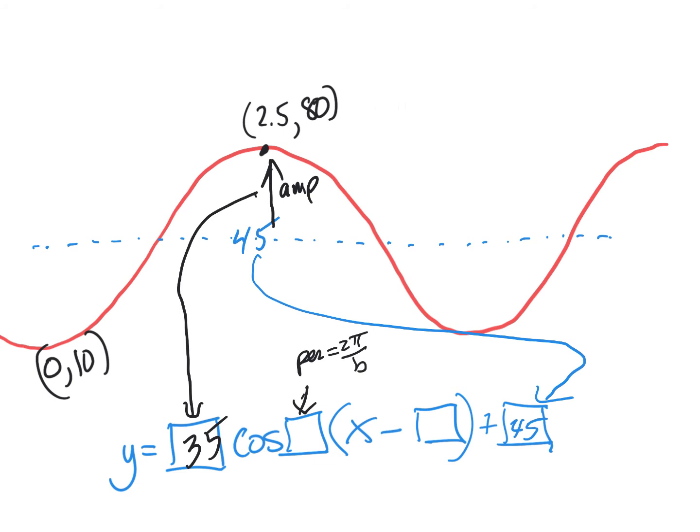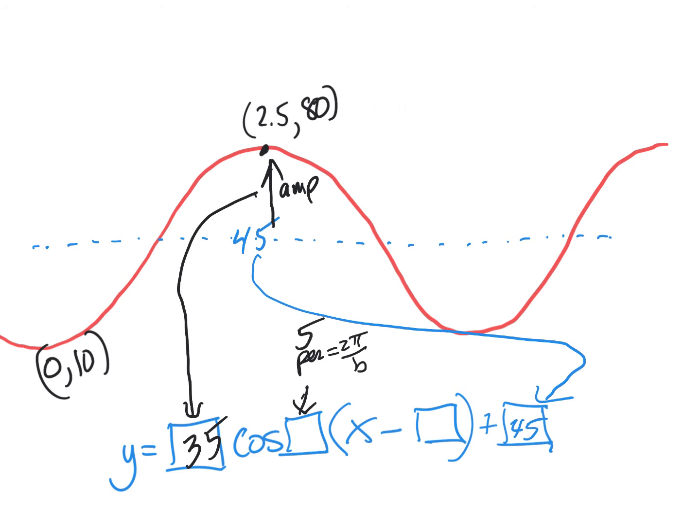They told me that when you get on this Ferris wheel, you would ride it from here to there. And it told me how long it would take to complete a complete cycle. So that is the period. And it was what? 5 minutes. So 5 minutes is the period.